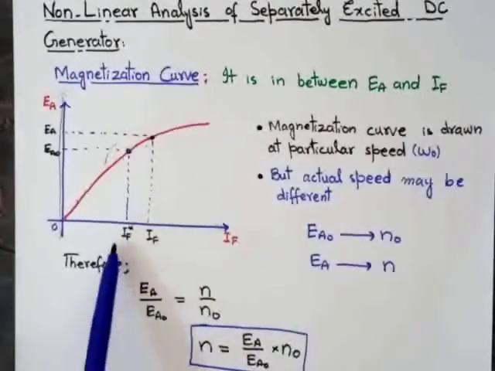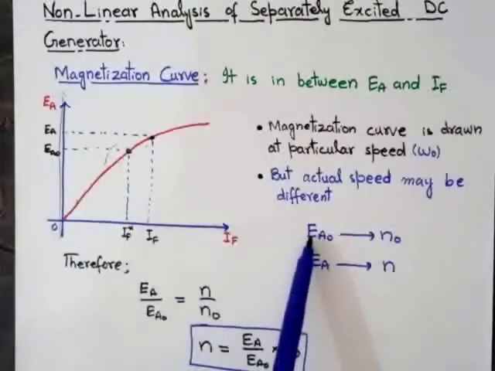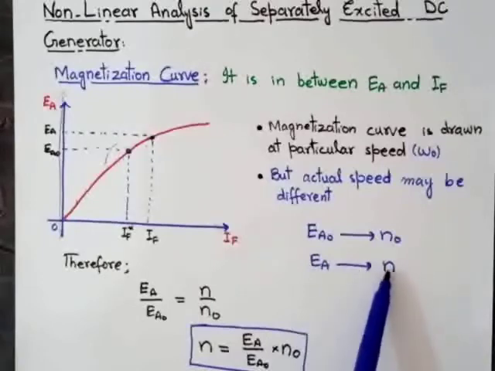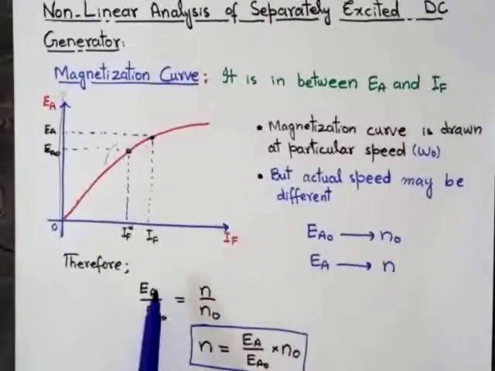As EA naught corresponds to N naught speed, and EA corresponds to N, the ratio of EA over EA naught is equal to N over N naught. N is the actual speed and N naught is the no load speed.